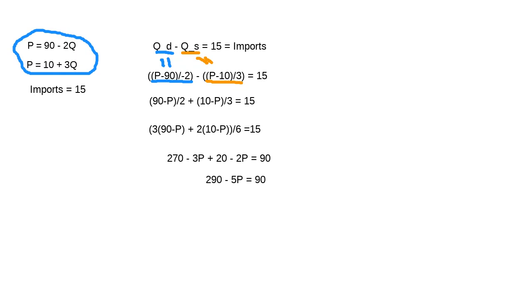Then we subtract the 290 to the other side, which gives us negative 200. Then we just divide by negative 5, and that'll give us p equal to 40. So the world price should be $40, and so the answer choice is D.